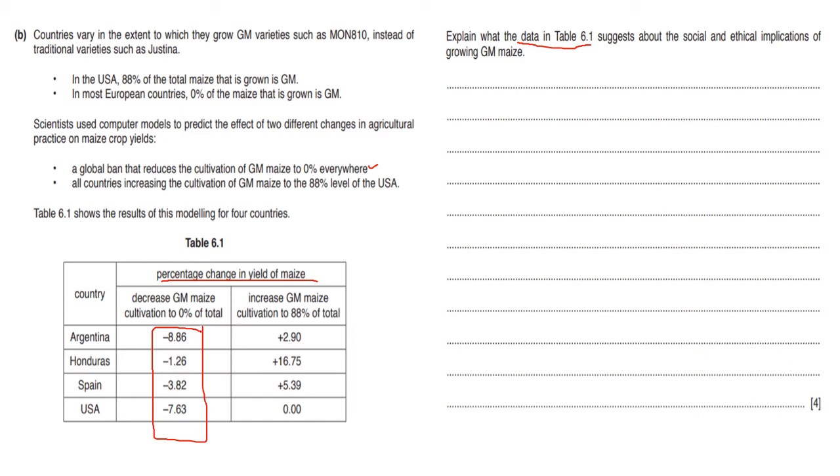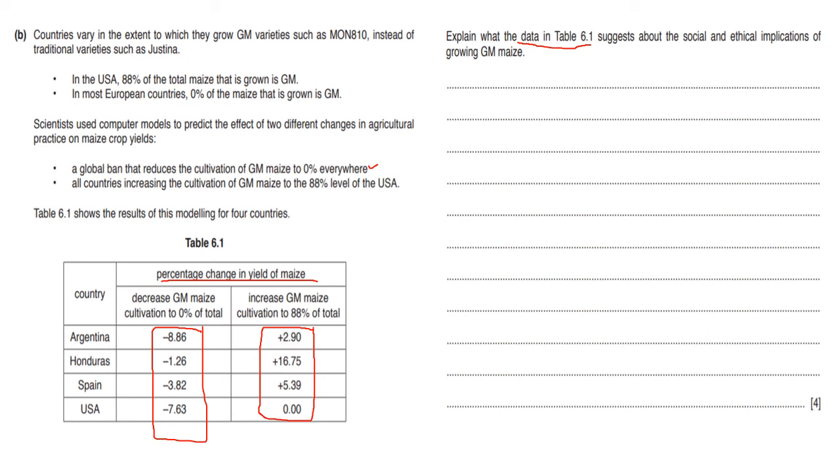If you increase GM maize to 88%, there is an overall increase. For the USA, obviously, the increase would be 0 because the USA is already at 88%, okay? And then you can suggest, based on this data, that growing GM maize would increase food supply because GM maize would basically increase the overall yield, so that increases food supply.